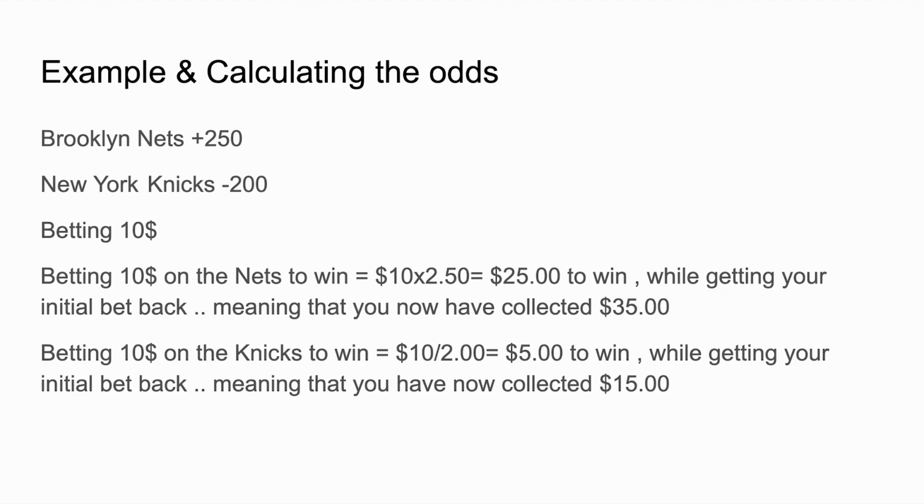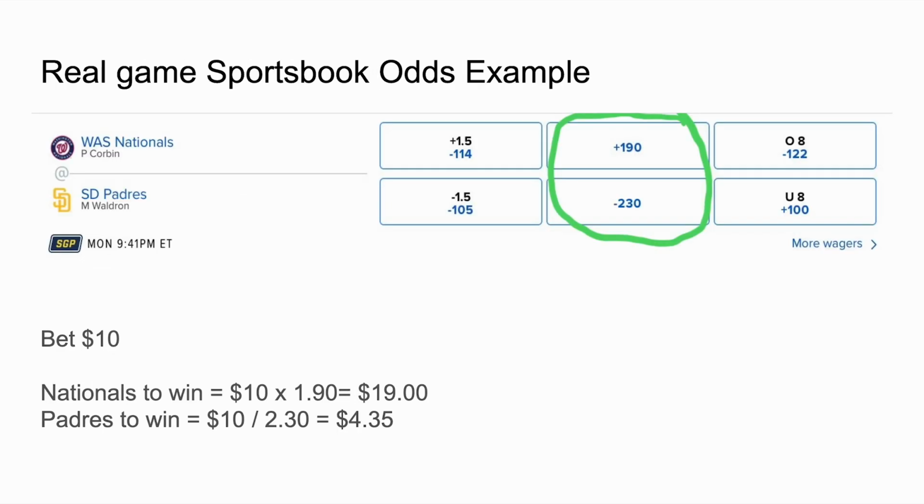In this case, the Knicks are minus 200, so you put the decimal between the 2 and the 0, and you get 2.0. So $10 divided by 2.0 equals $5 to win, while you're getting your initial bet back, meaning that you have now collected $15.